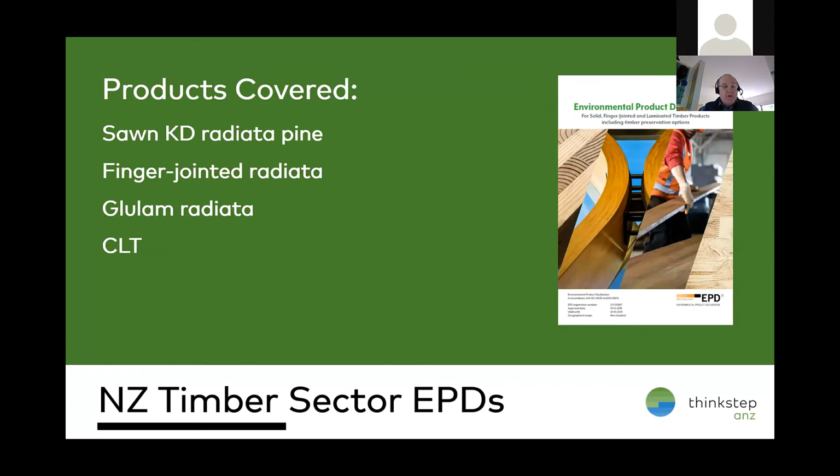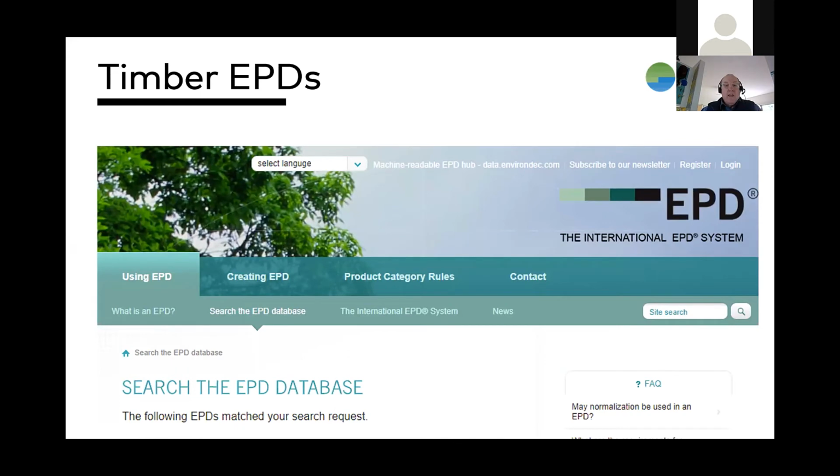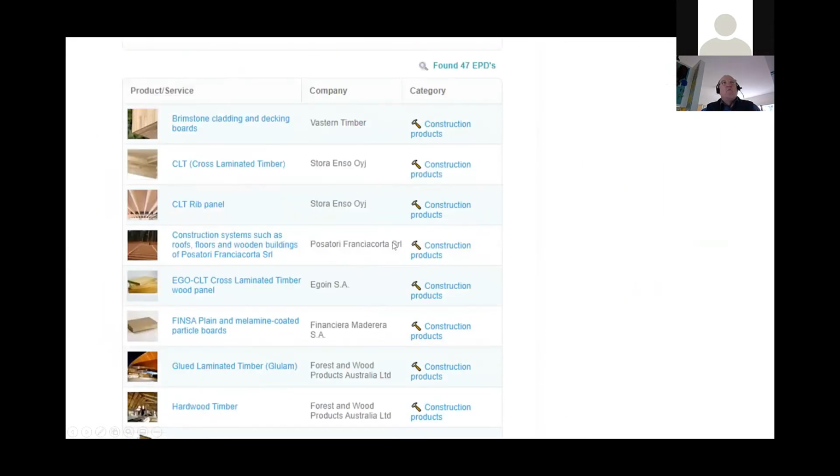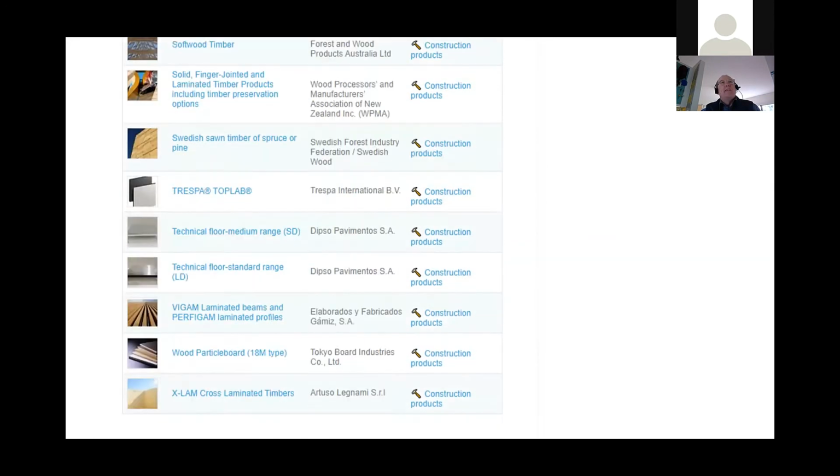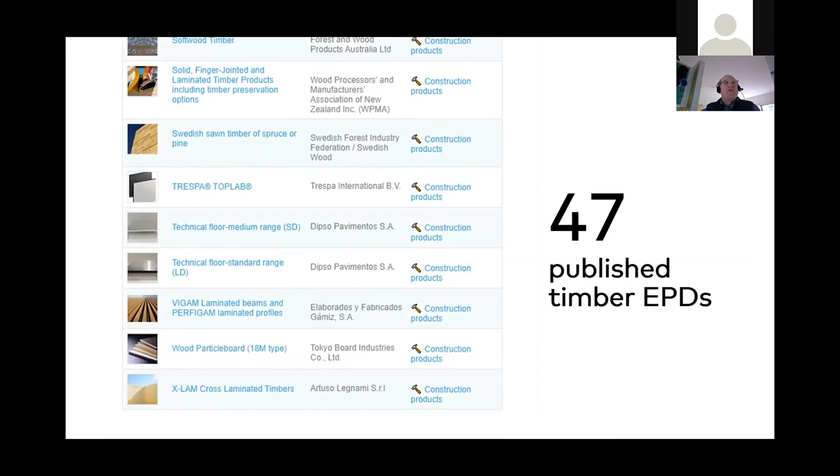New Zealand timber industry, we import quite a lot of New Zealand timber, sawn and finger jointed radiata. They've also got an EPD registered with the EPD Australasia program there, so that's publicly available. And speaking of EPDs associated with the International EPD program, they've got their own database. They've got something like 47 wood and wood-based EPDs, including for Swedish wood.